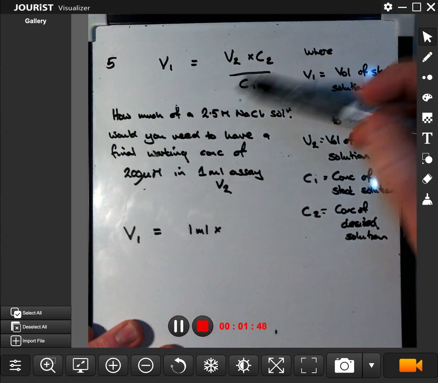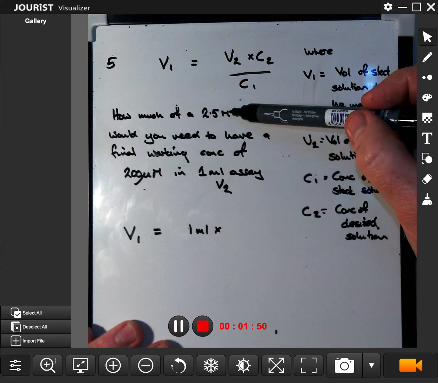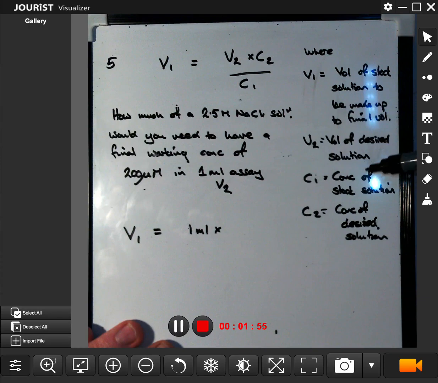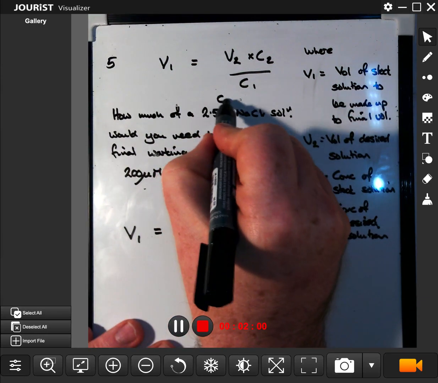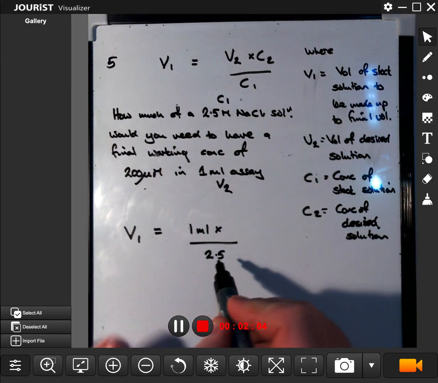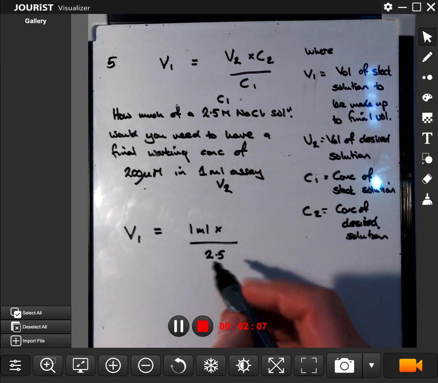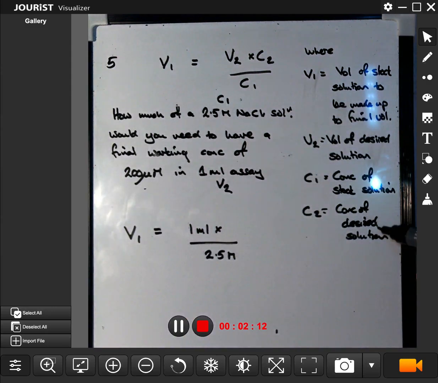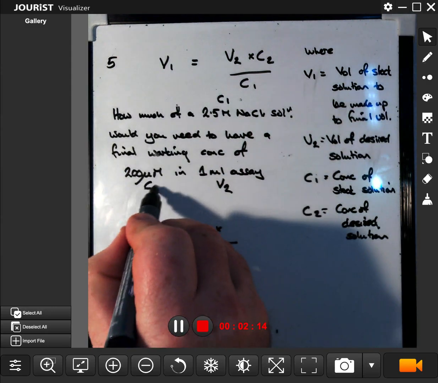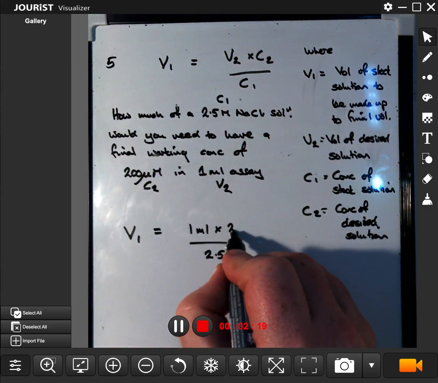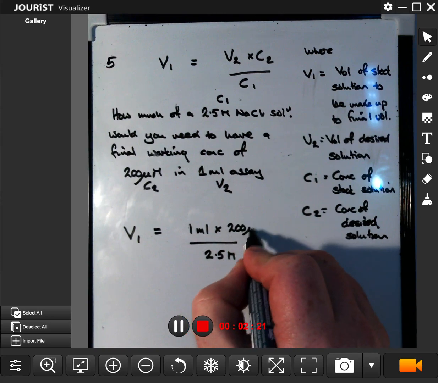It's a 2.5 molar sodium chloride solution, the concentration of our stock solution, so that goes in as C1: 2.5 molar. And it's 200 micromoles, the concentration of our desired solution. That's C2, so let's pop that in here: 200 micromoles.